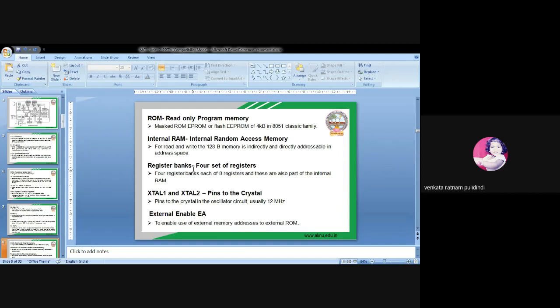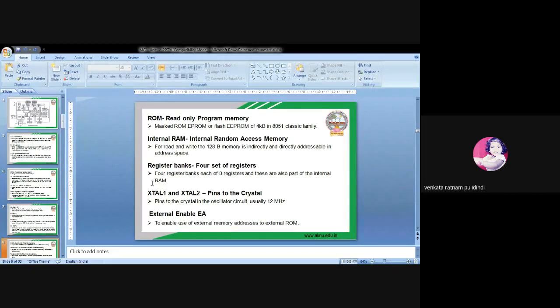Therefore 32 registers are used in the register bank of the 8051 microcontroller. Each register bank, that is R0, has 8 registers, and R1 has 8 registers. These are the internal registers. Okay, next are two lines, XTAL1 and XTAL2.